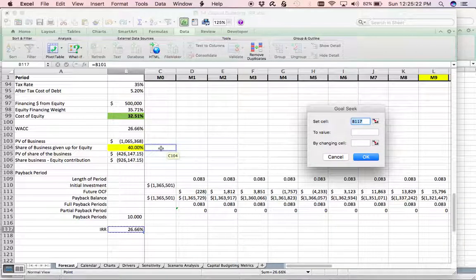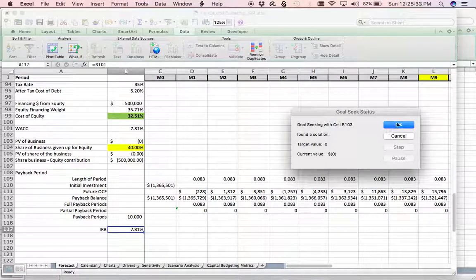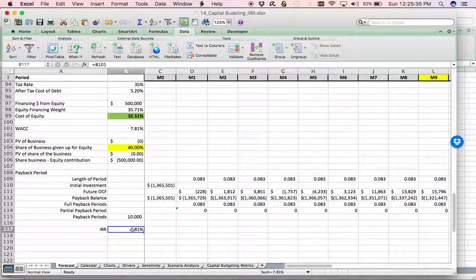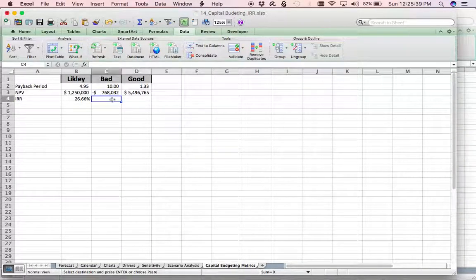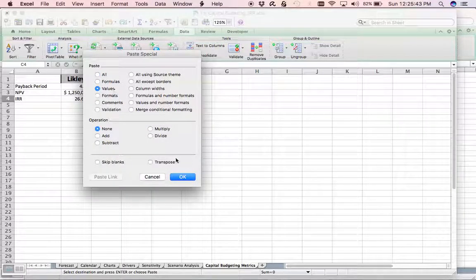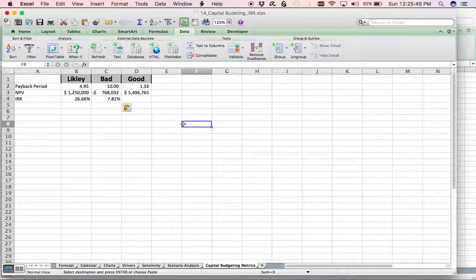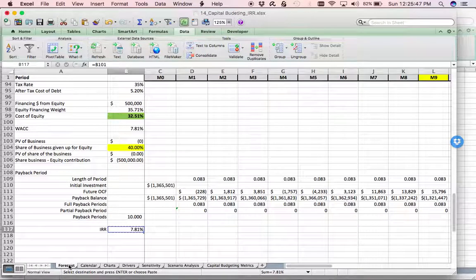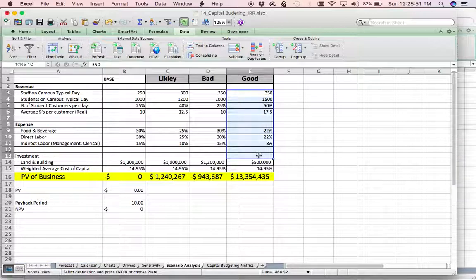All right, and we're again setting the present value of the business equal to 0 by changing our WACC. Runs through, says now it's 7.81%. All right, so under the bad scenario, not nearly as good of an internal rate of return. Not surprising, obviously. So now we've got to set ourselves to the good scenario.